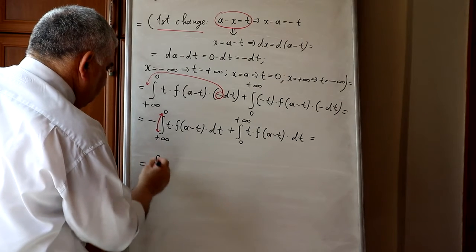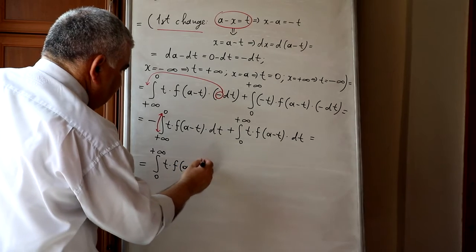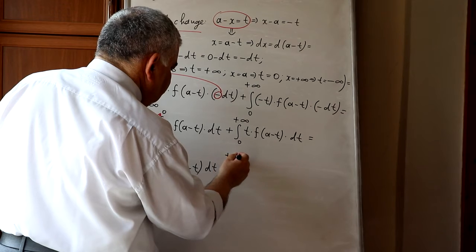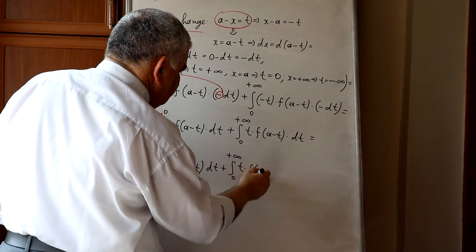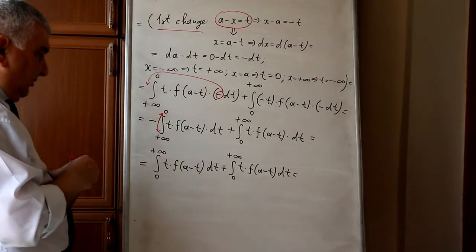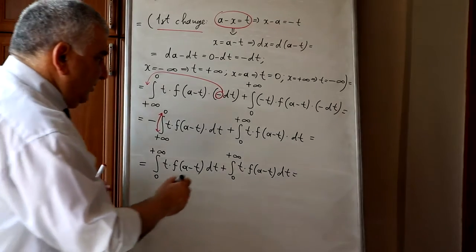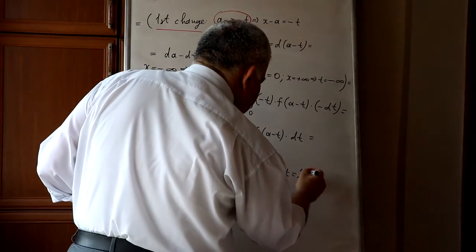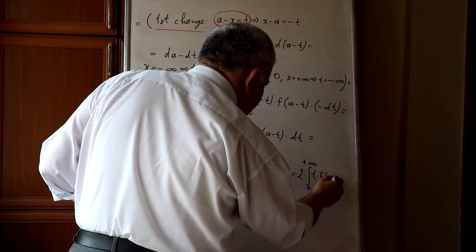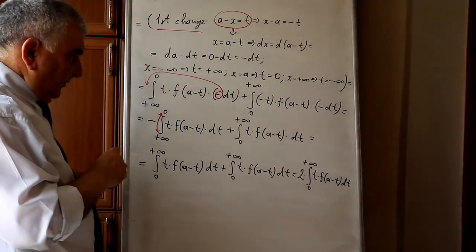Integral from 0 to plus infinity of t multiplied by f of a minus t dt, plus integral from 0 to plus infinity of t f of a minus t dt. We obtained two identical integrals, and it is equal to twice integral from 0 to plus infinity of t multiplied by f of a minus t dt. Then continue.